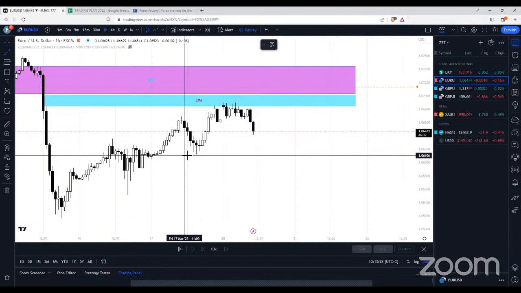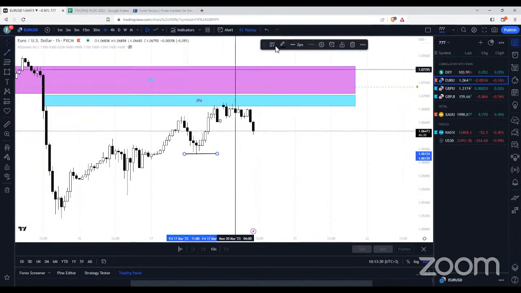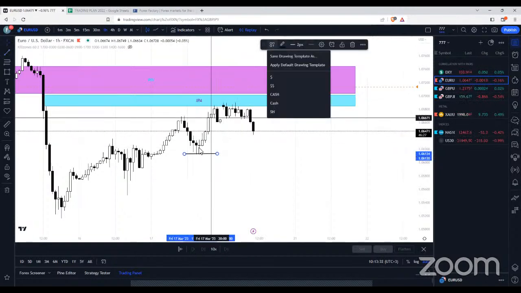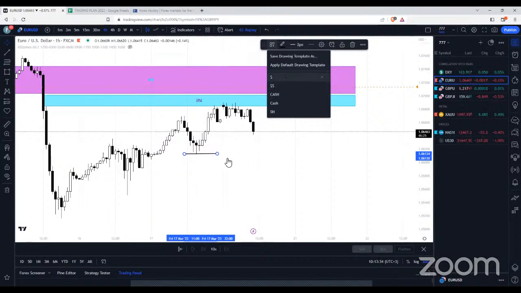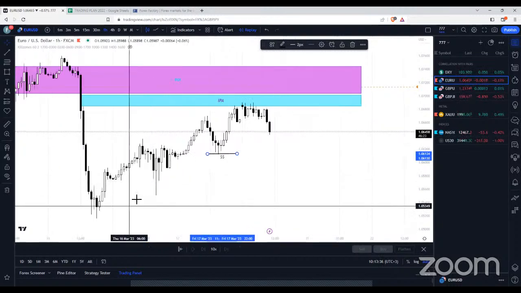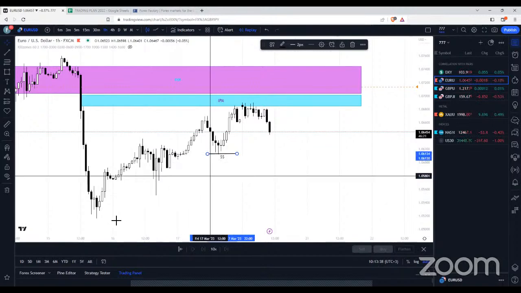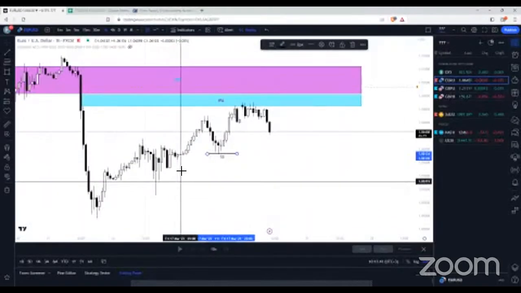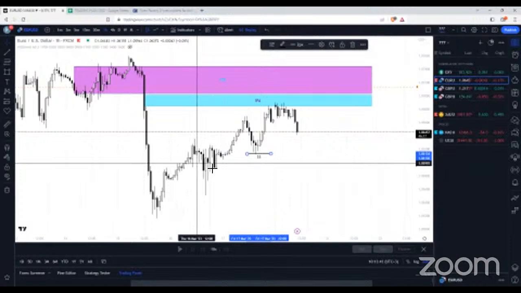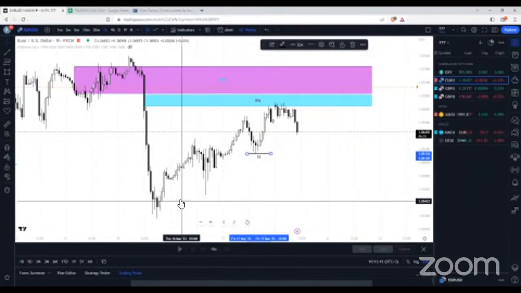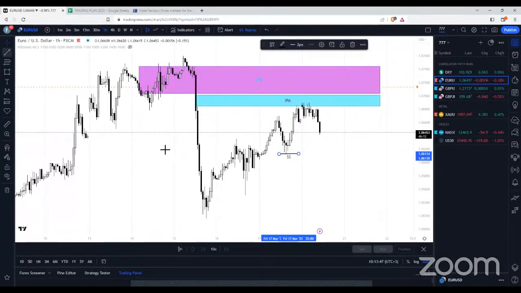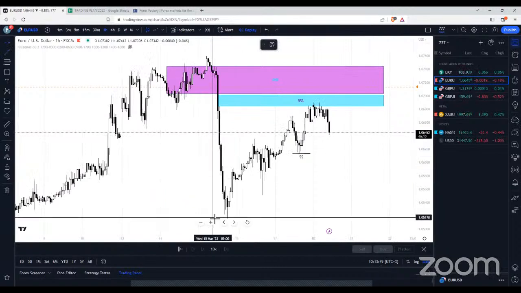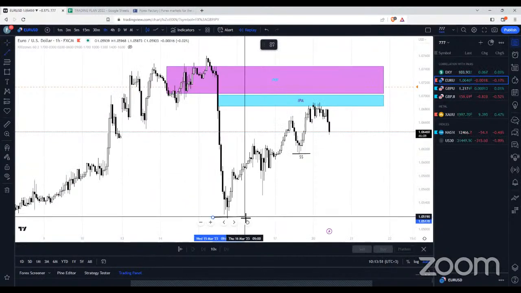We got some liquidity that needs to be taken out below this low because this created a higher high. This was the previous higher low. So we got some liquidity right here that we could potentially take out. So far it looks pretty balanced down here. I'm not going to lie to you guys, it looks pretty balanced. And then we also got some liquidity down here, prior to this whole expansion.